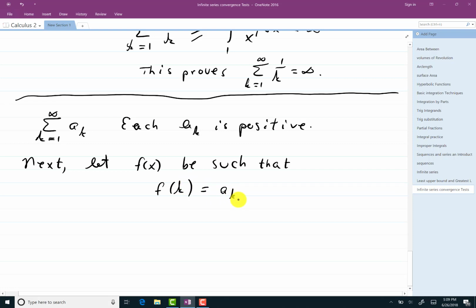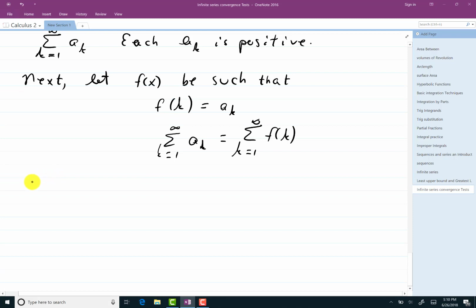So in particular, the series k equals 1 to infinity, but it doesn't have to be, but for what we're going to do, this will work fine. So in fact, a sub k is really function values at each of those whole numbers.